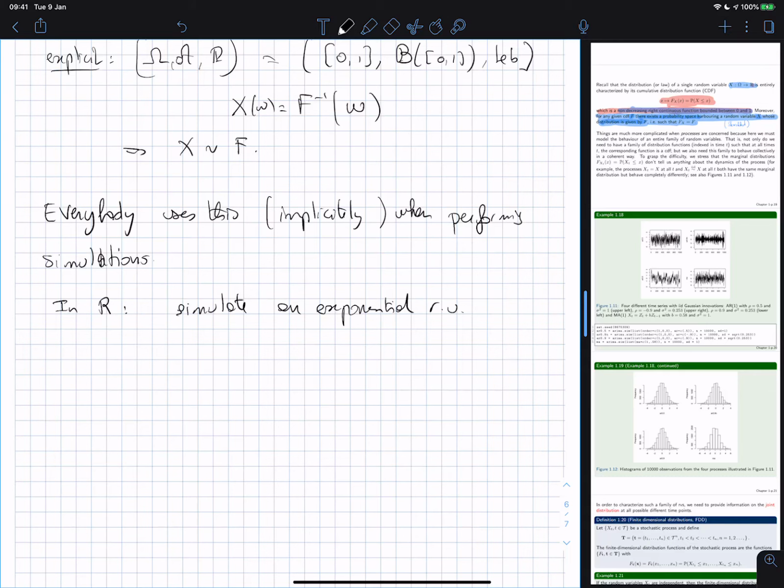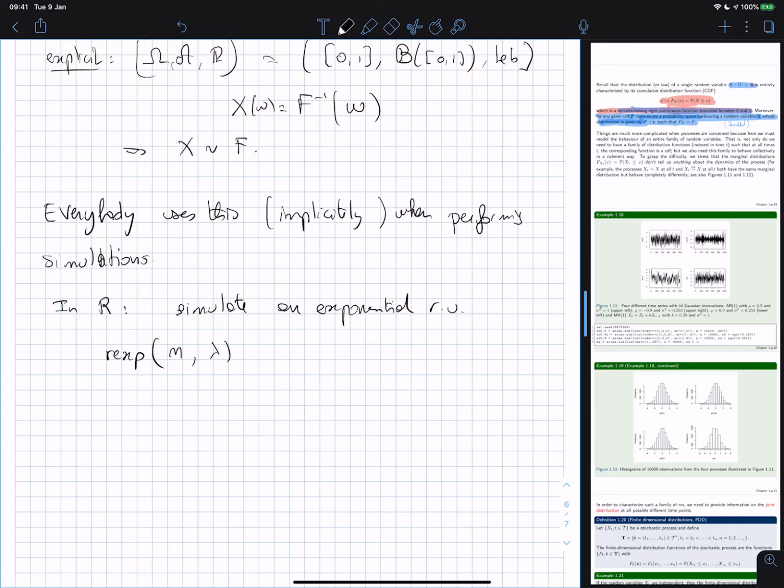You can't see what I'm writing, but it doesn't matter. You type in rexp, and then you say how many you want, and then you give the rate of your exponential distribution.